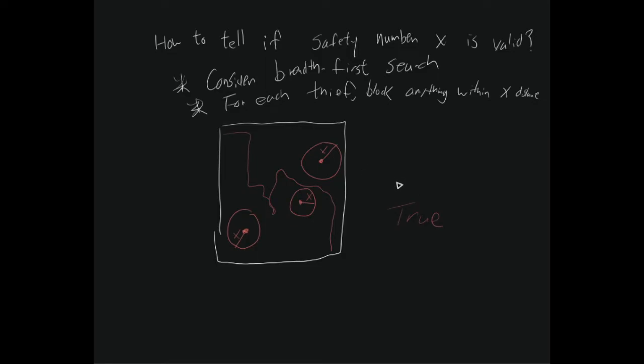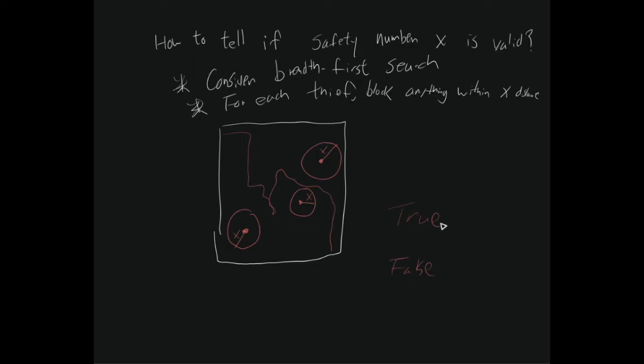But if it is not, then we return false, because after blocking all the cells that are within x distance of every div, we cannot find a path. So that means we cannot fulfill that safety number. Then we will return false. So that's pretty much all for the overview of that solution.